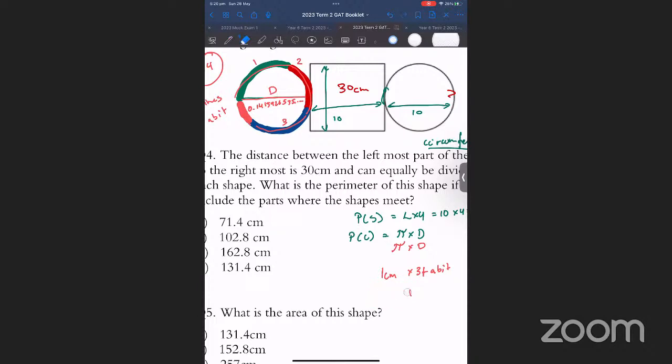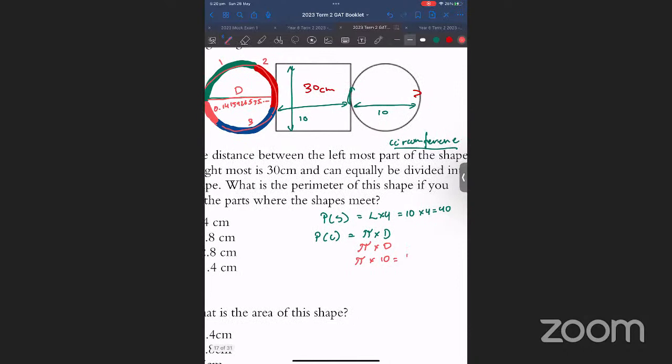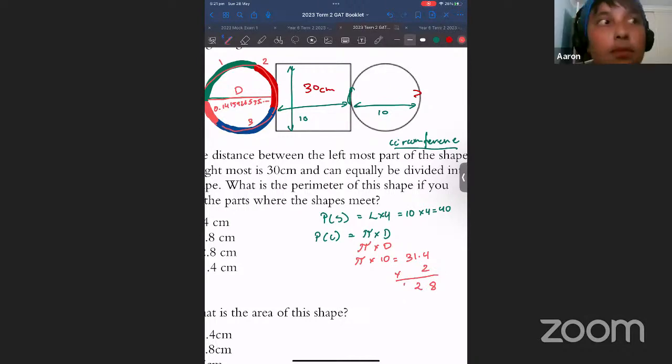So let's get back to this question here. To find the perimeter, pi multiplied by 10, which is the diameter, gives 31.4. Now, we have 2 circles, so we multiply this by 2, which is approximately 62.8. Do you guys understand?